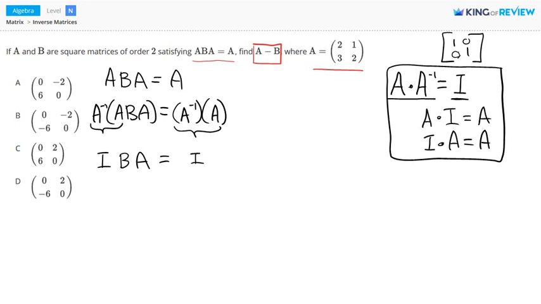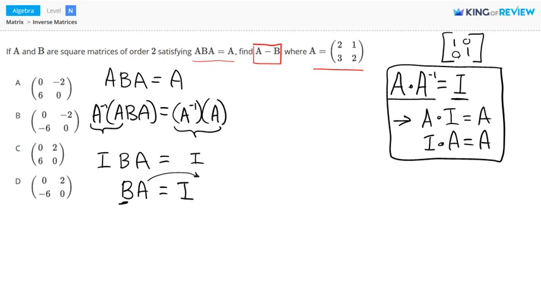Now you remember that if we multiply a matrix by the identity matrix, you get the original matrix. So now this will become B times A equals I. Now let's solve for B. We want B by itself, so we want to move this A over here.